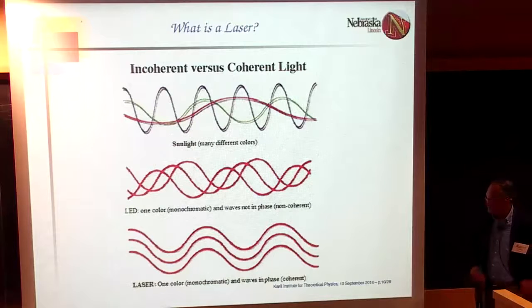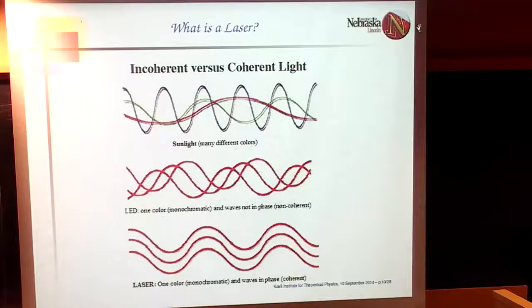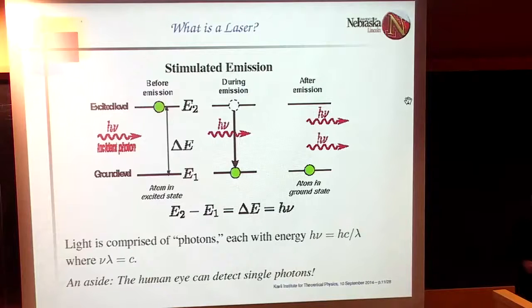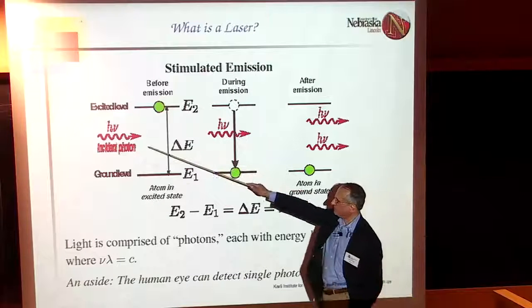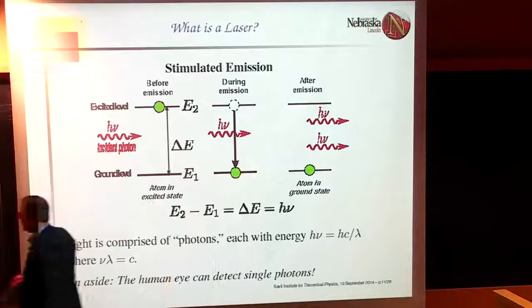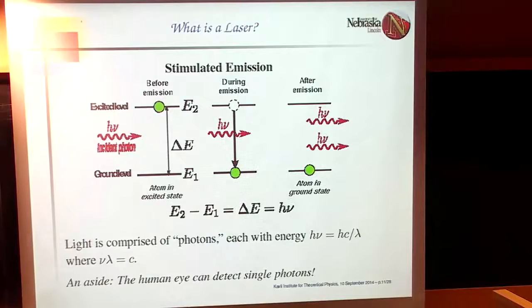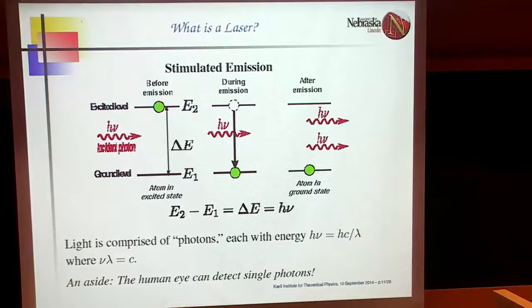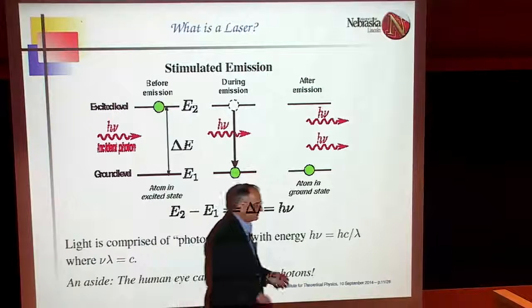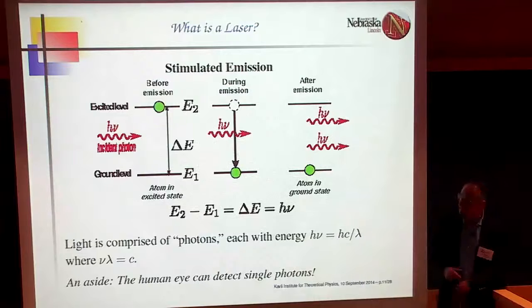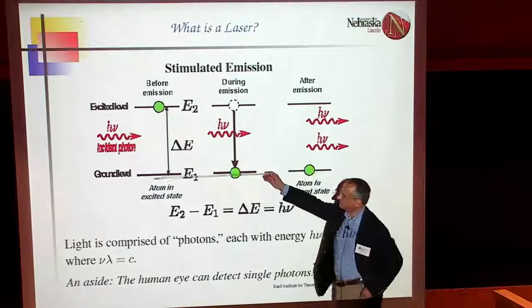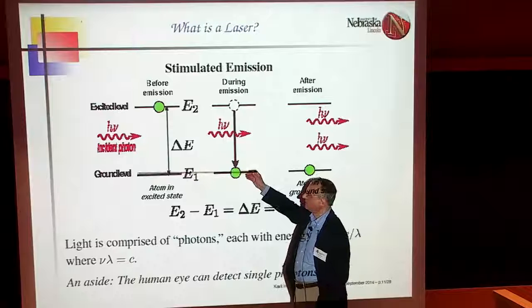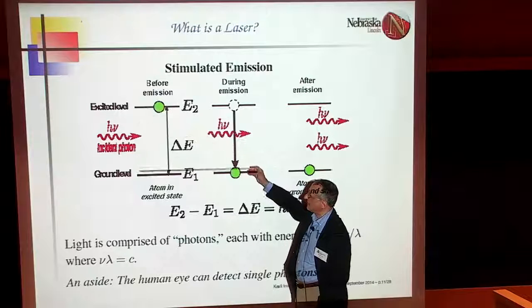And how do you get such atoms to radiate? Now, to explain how lasers work, you have to go to a quantum picture. If you have an atom, let's just consider a single atom.